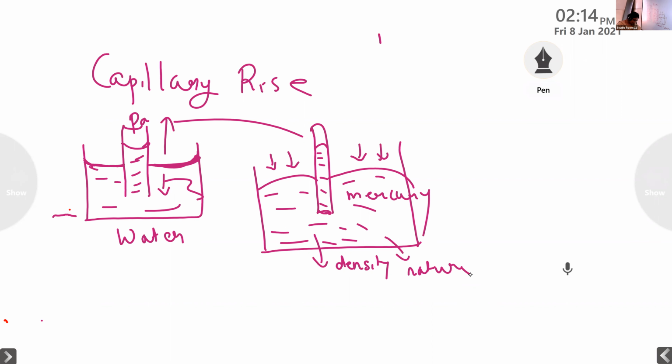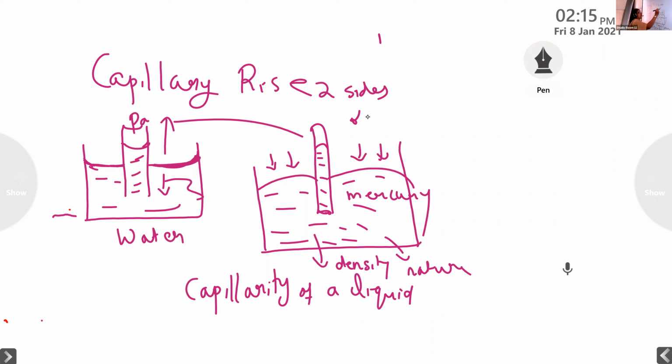So write down: capillarity of a liquid depends upon pressure difference between the two sides of the top surface.